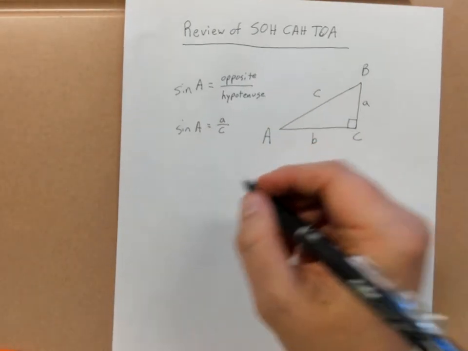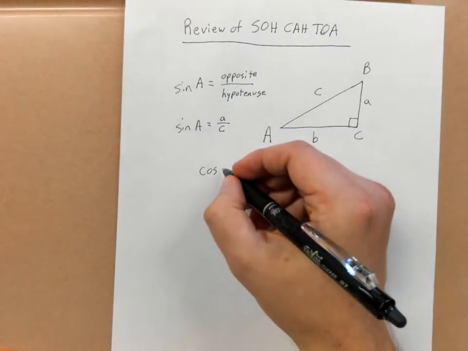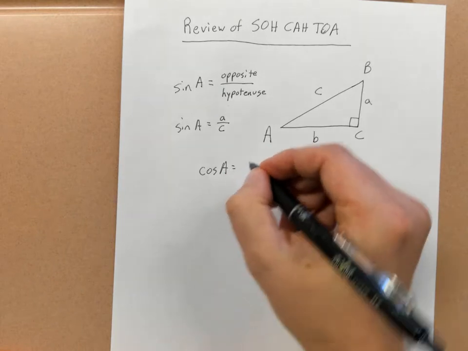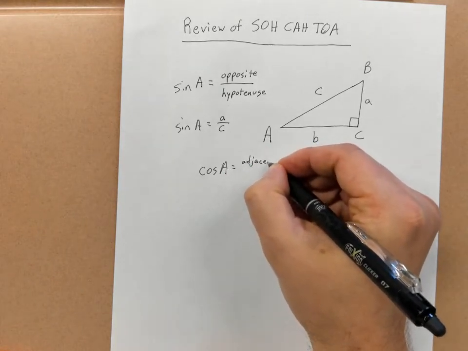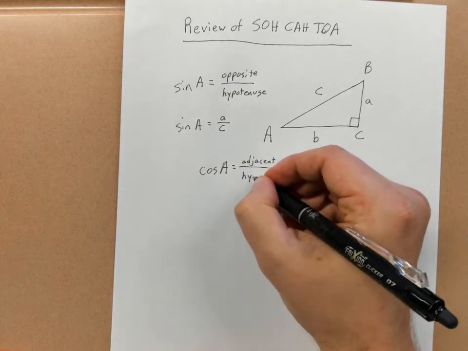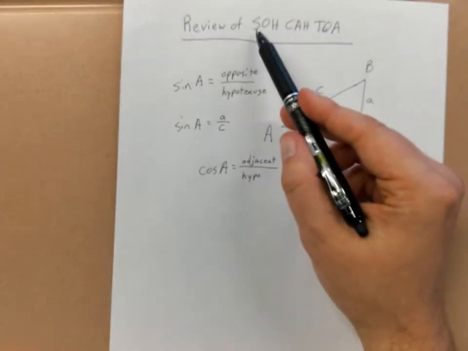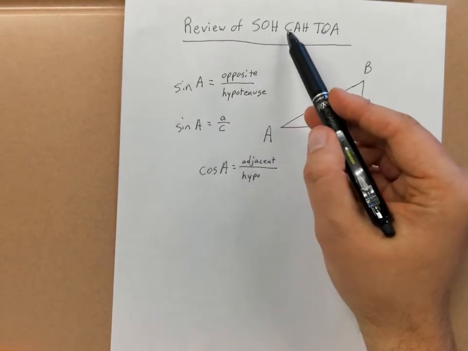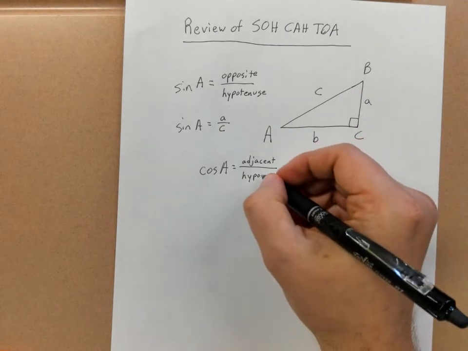I'll give you another example here. We'll do the cosine of A is going to be the adjacent divided by the hypotenuse. And now you can start to see where SOHCAHTOA comes from, because sine is opposite over hypotenuse, cosine is adjacent over hypotenuse.